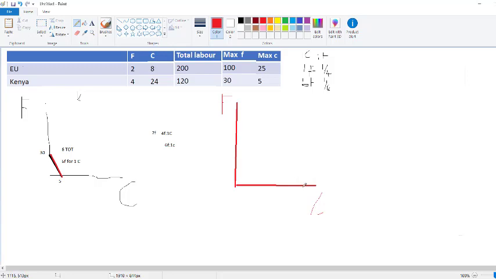What is the maximum carbon they can produce? This is for the EU. The maximum carbon they can produce is 25, and the maximum food they can produce is 100. So somewhere here, and then we assume here.